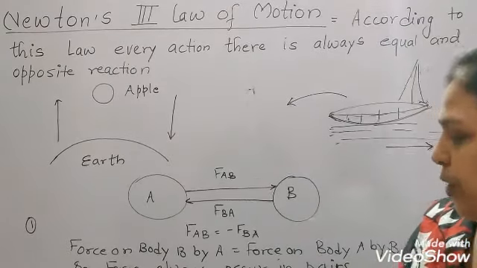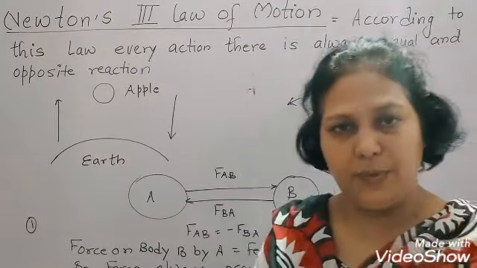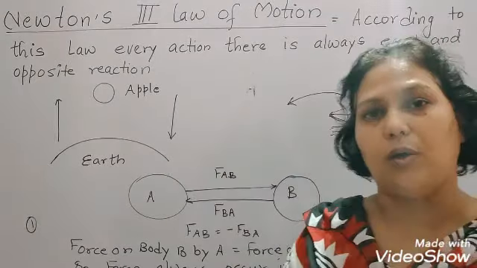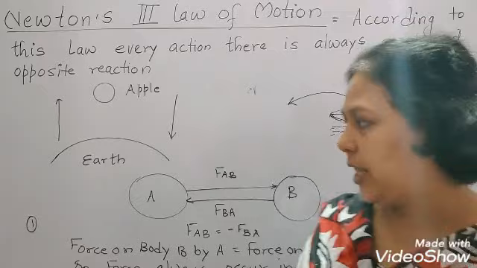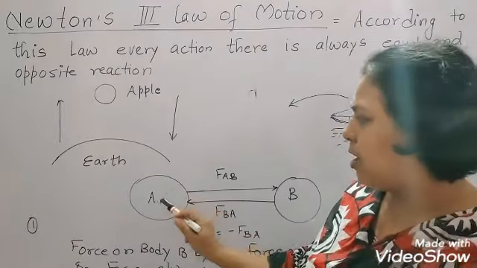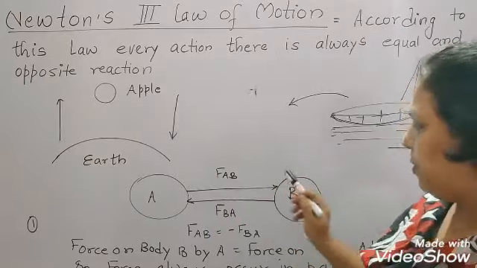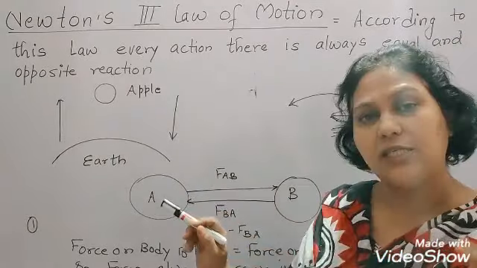And the third point that you have to be very careful about is that action and reaction work on two different bodies. Suppose you say A is applying force on B, that is action. Then B is applying force on A, that is reaction.